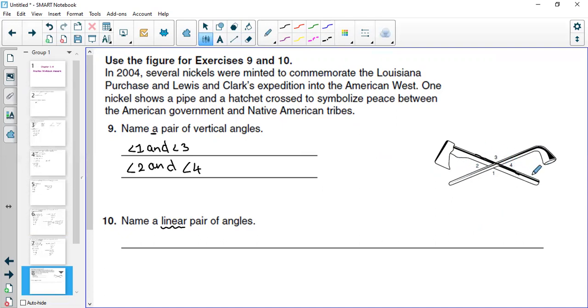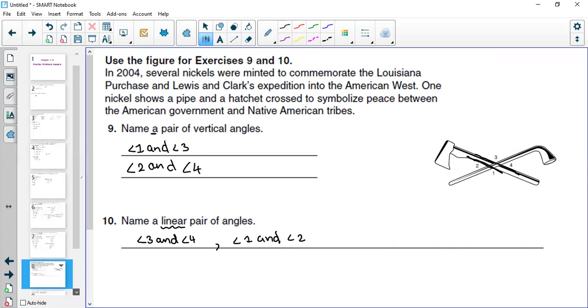So it is angle 3 and 4. Or it can be angle 1 and 2 also, because they are also straight. See, both these angles are straight. In fact, they both make up a straight angle. So that's why we call it a linear pair of angles. So angle 1 and angle 2.